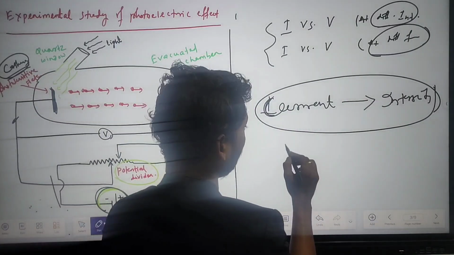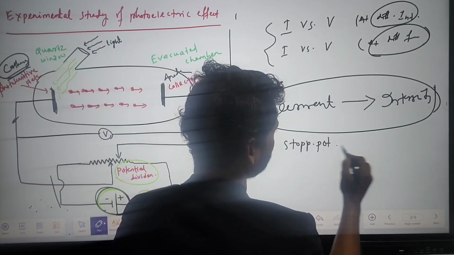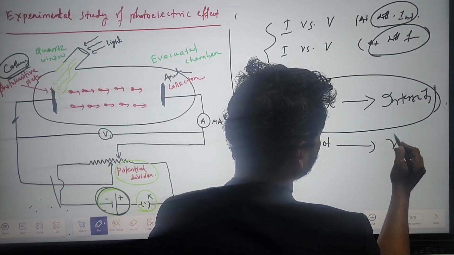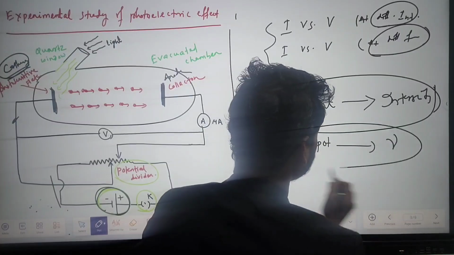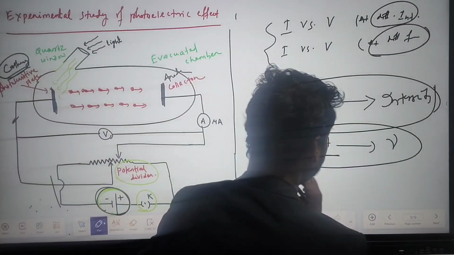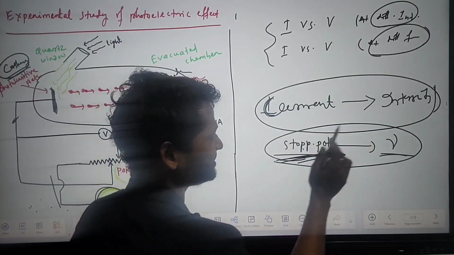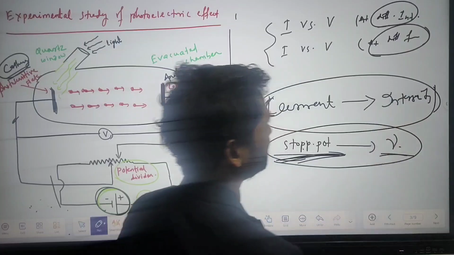Okay, and stopping potential is directly proportional to frequency of incident radiation. Understood? मतलब ऐसे याद रखो, voltage is proportional to frequency, current is proportional to intensity.